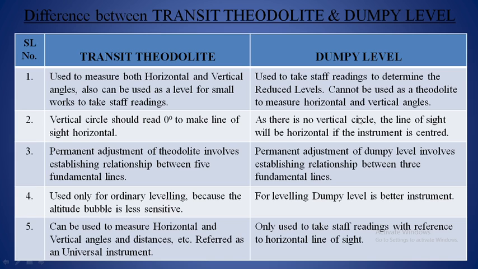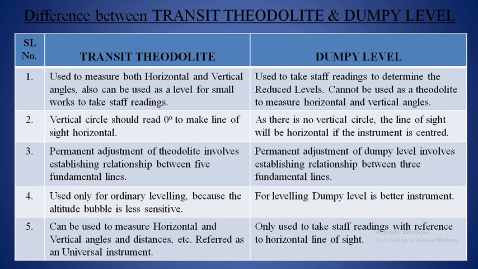Now the next difference is the permanent adjustment of theodolite will be dependent upon 5 fundamental lines. So in the next slides we are going to learn about these 5 fundamental lines and the relations between them. And the difference between theodolite and dumpy level is the permanent adjustment of dumpy level is based on 3 fundamental lines.